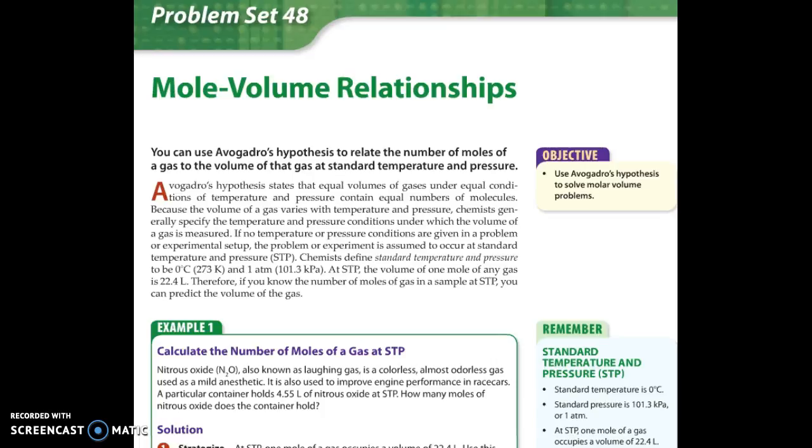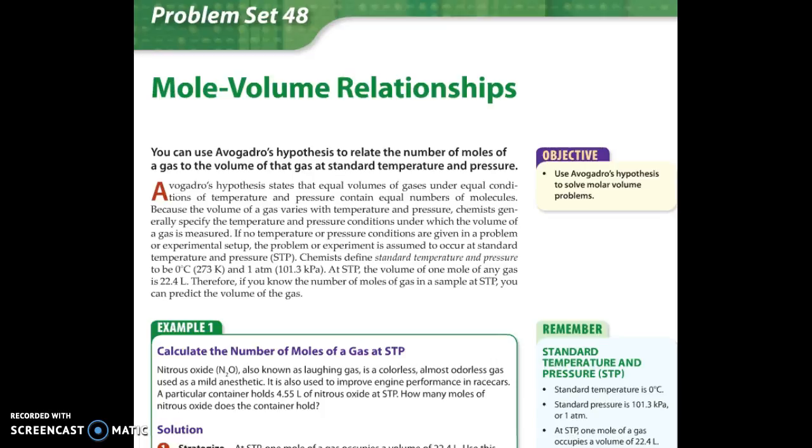Because if you do your research at a station in Antarctica, you're going to get very different results if you're dealing with gas than if you would on the tropical islands in Tahiti. If no temperature or pressure conditions are given in a problem or experimental setup, the problem or experiment is assumed to occur at standard temperature and pressure, STP.